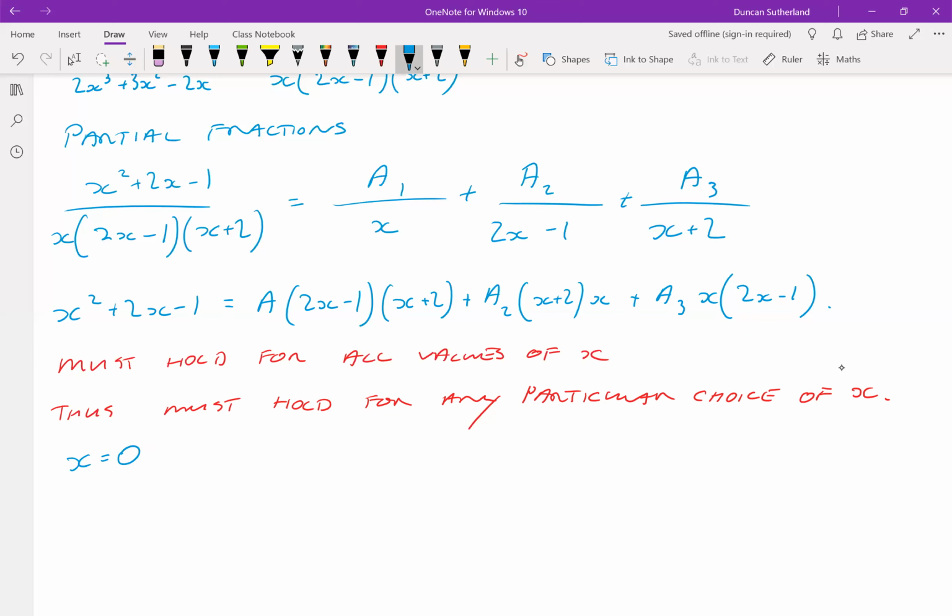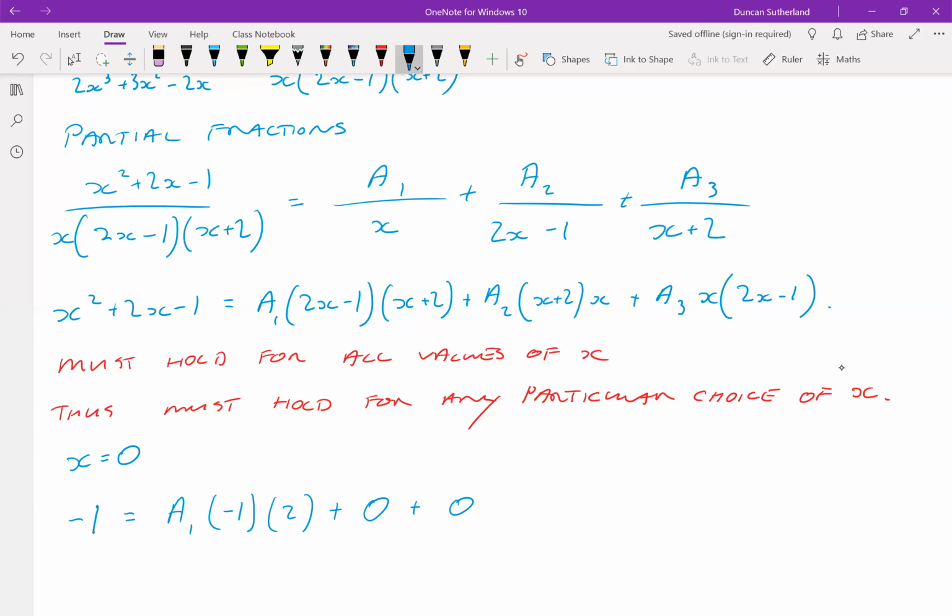That means that on the left-hand side of the equation, I have minus 1. Here, that's 1. I've got A1, the 2x disappears, so I've got a minus 1. The x disappears, I've got a 2. A2 times 0 is 0, and the same for A3.